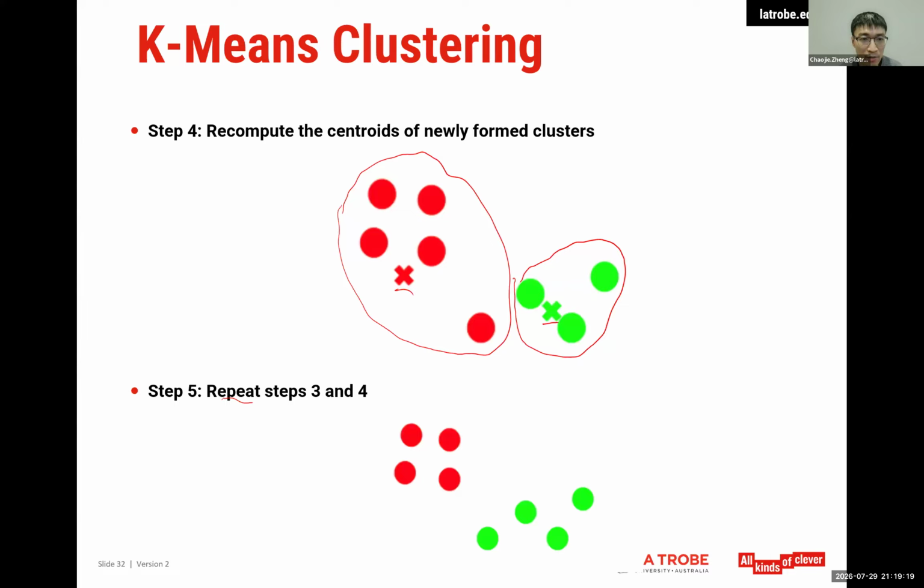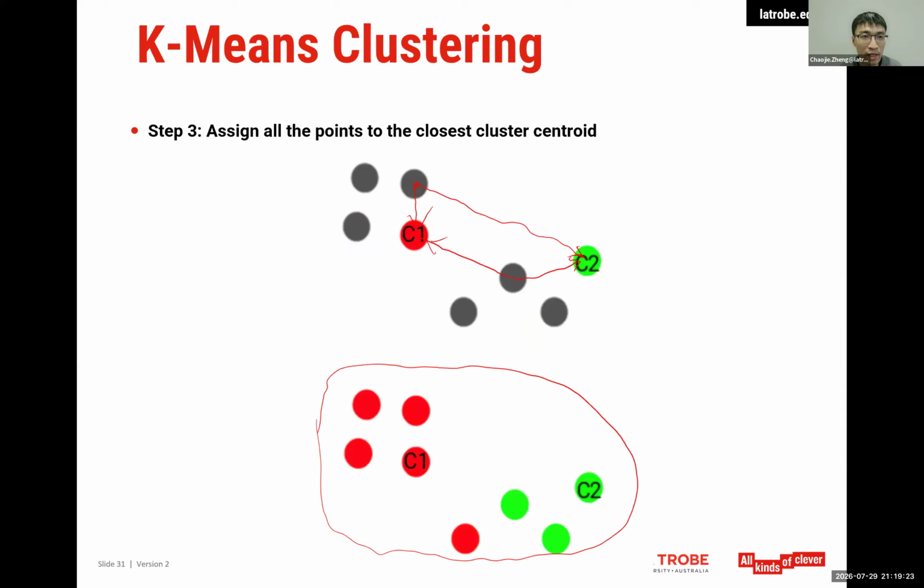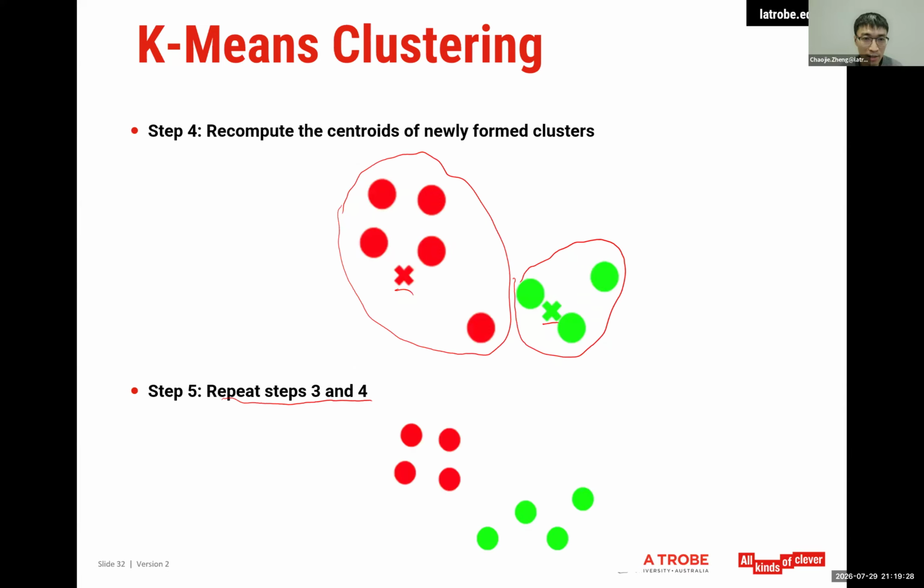And then we repeat steps 3 and 4. Step 3 is we assign all the points to the closest cluster centroid. In this case, if we reassign all these data points to the new cluster centroids, we need to compute the distance again for all the points to the two newly formed cluster centroids, and then do a comparison.